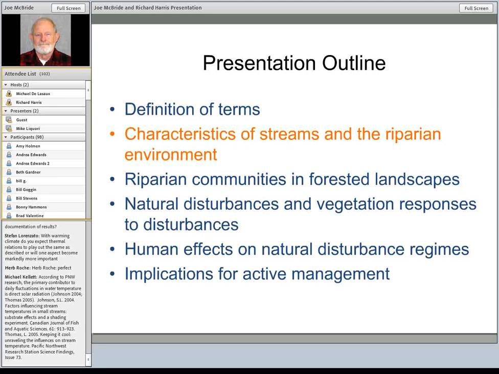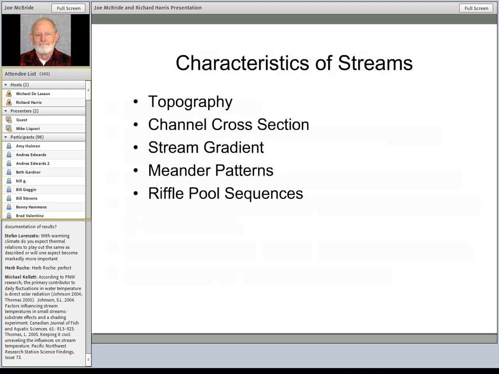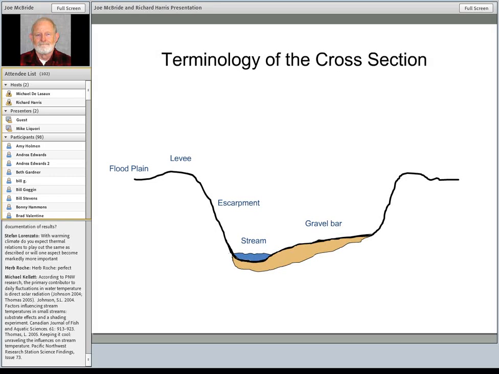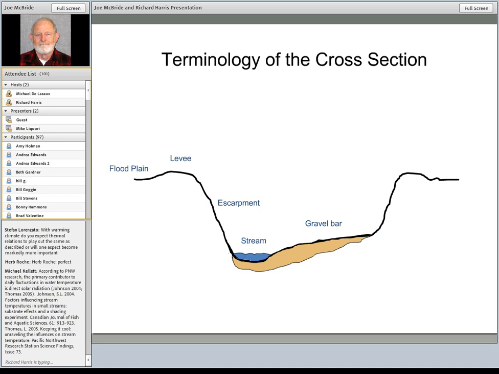Now, there are certain characteristics of streams and the riparian environment that are important to understand from the standpoint of the physical characteristics of these streams. And the first of these is the topography. Terms that are shown here are terms that I will refer to as we move forward in this discussion this morning.